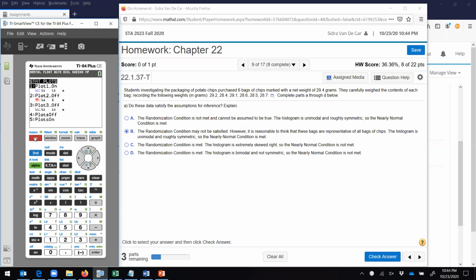And we'll go into the y equals, turn our plots on, and we want to make a histogram from list 1. Good. Now go to zoom, stats.